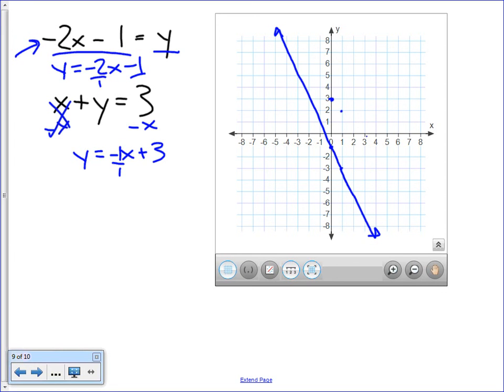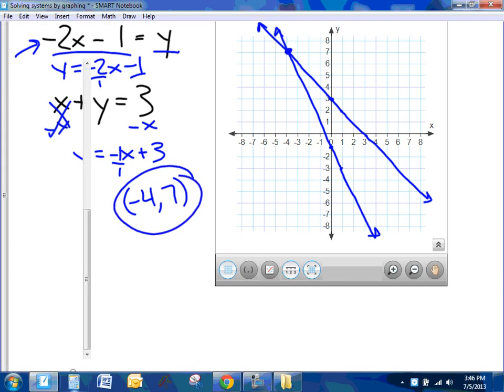And this will be my line. So try to make the most accurate graph as you can. Now this one's a little hard to see, but the intersection is actually right here. So what coordinate is that? That is (negative 4, 7). And that is my solution.